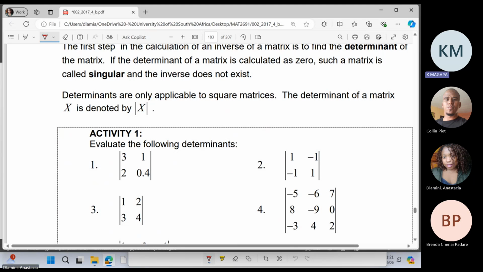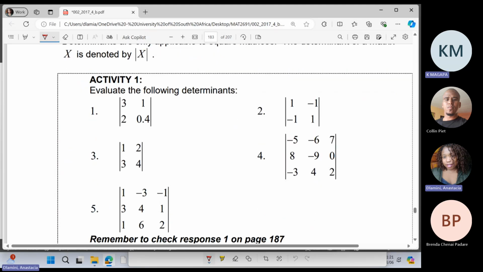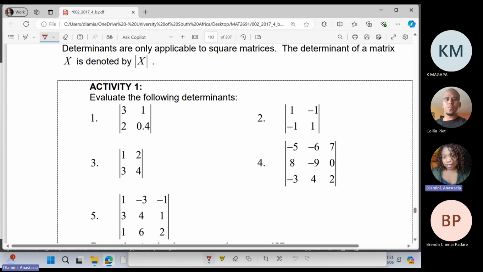No, ma'am. Okay, let's find the determinant for number 2 and for number 4, because it looks like you did it, but you didn't remember it. Let's find the determinant for a 2x2 and for a 3x3 matrix. I won't give you a 4x4 matrix in the exam unless I just want simple stuff such as transpose and whatever.